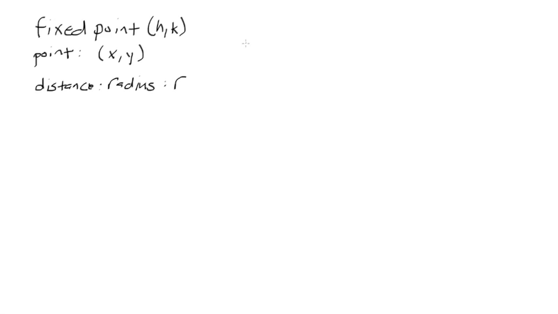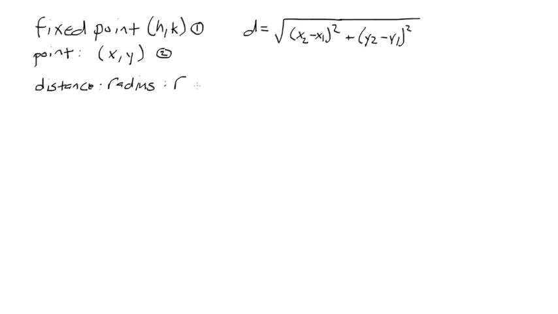So we're going to use our distance formula. Remember our distance formula? Distance is the square root of x2 minus x1 squared plus y2 minus y1 squared. We're going to let our arbitrary point on the circle be point 2, and the fixed point be point 1, and our radius is going to play the role of our distance.